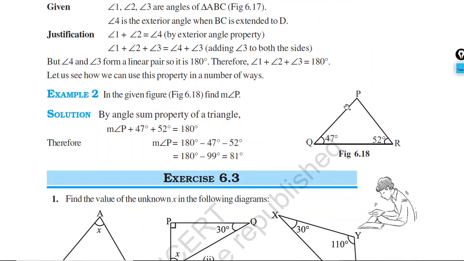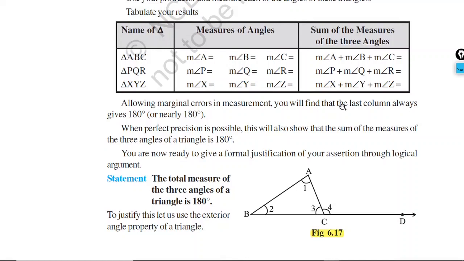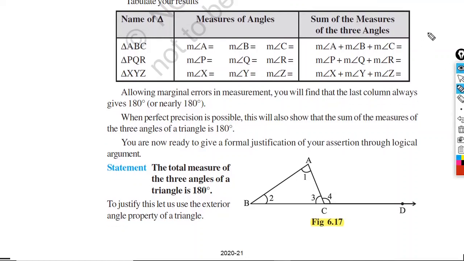Okay, so here is a different way to know whether the measure of the three angles of a triangle is 180 degrees or not. Look at this triangle. Triangle ABC is there. In this triangle ABC, here we have marked angle 1, angle 2 and angle 3. Now we will extend BC up to D. Like this we have extended.